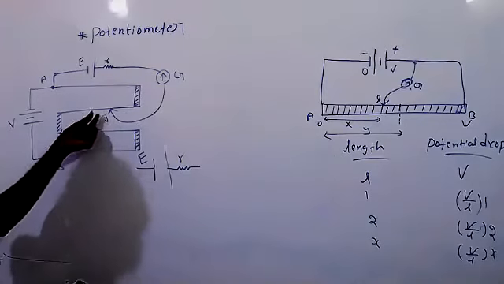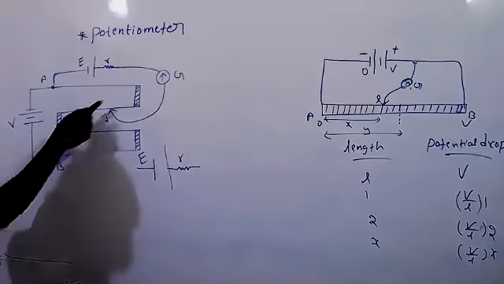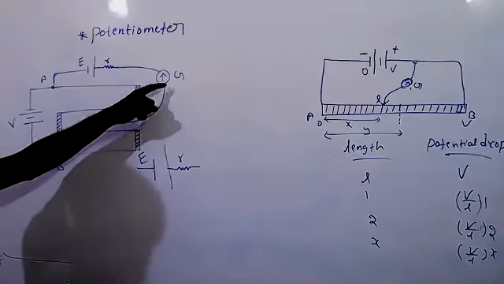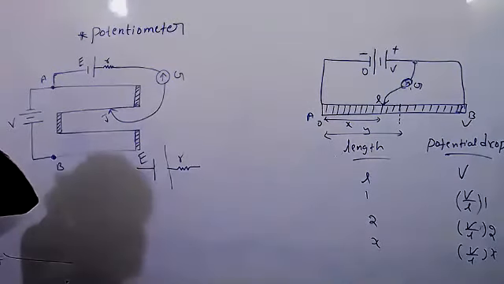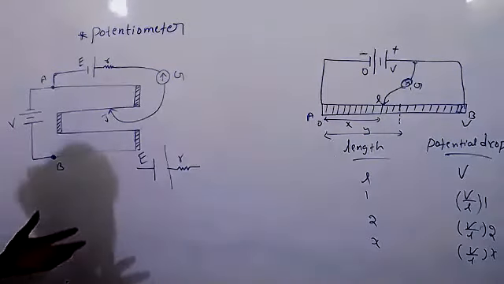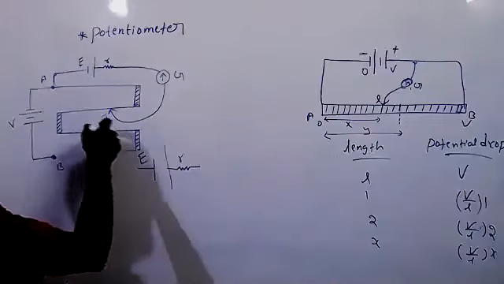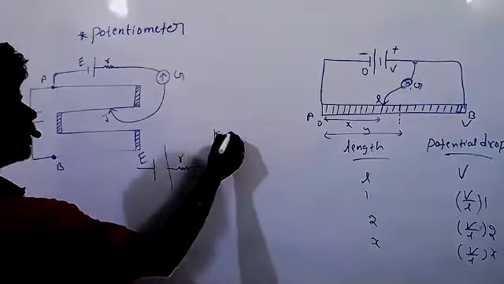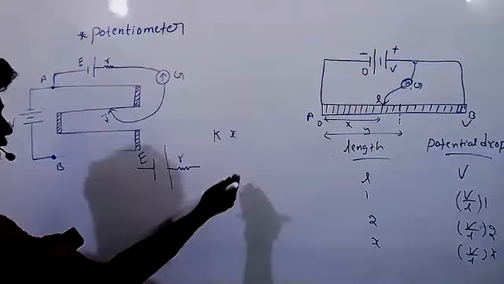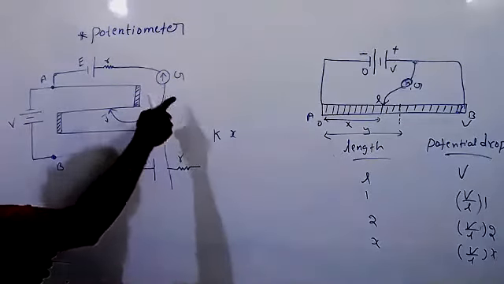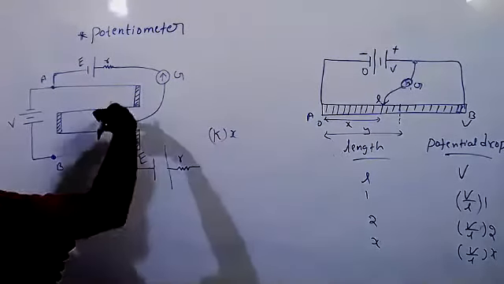So when you are touching this jockey somewhere and the current passing through this becomes 0, that is called the null point. After that, we can calculate. If you know the null point, we can find out how much potential drop will be there. Suppose at x distance is the null point, then K into x, the potential drop, you can find out.